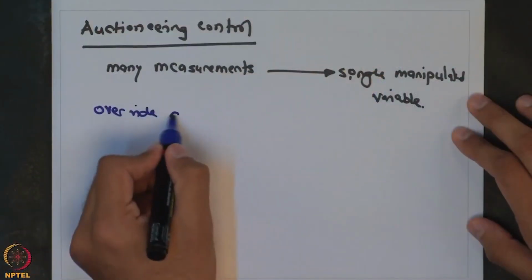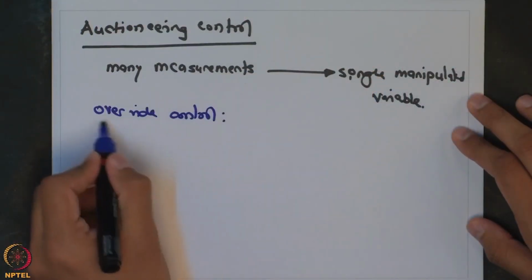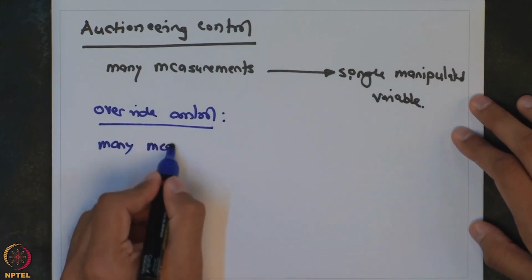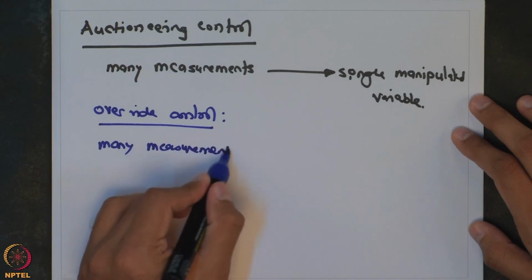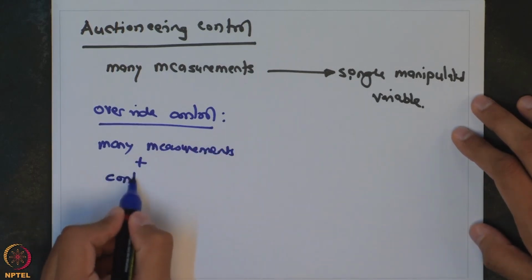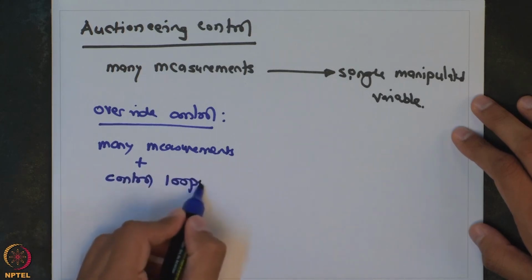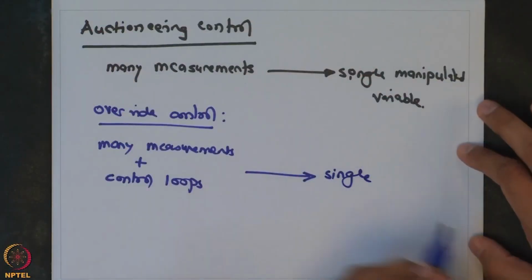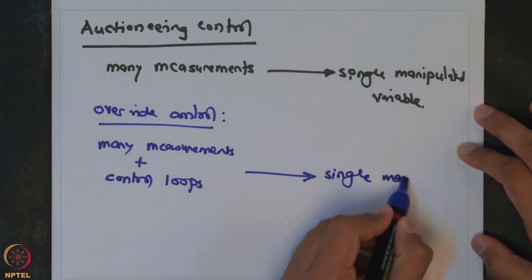So in override we also had many measurements, but along with that we also had their own control loops as well, and one of those control loops was active at any time, which was used to move the manipulated variable.